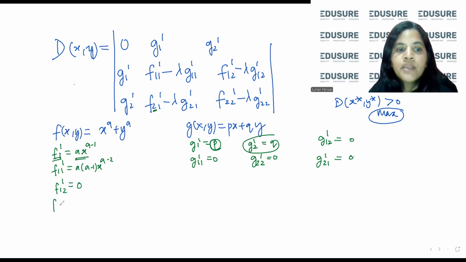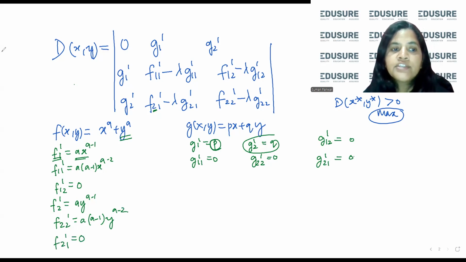Okay. And now f2' was a y^(a-1) with respect to y. And f22' will be a(a-1) y^(a-2). And f21' will again be 0. So let's try to make this determinant.